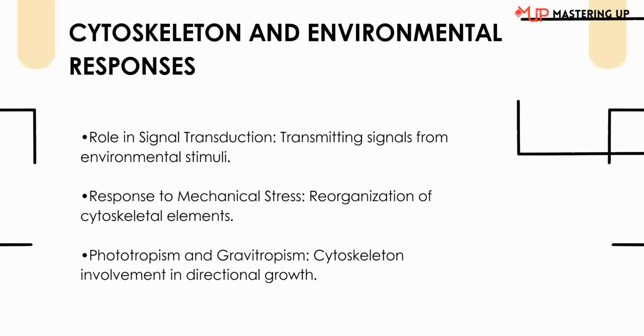In gravitropism, the cytoskeleton facilitates the movement of starch-filled organelles in root cells that settle in response to gravity. Their repositioning triggers cytoskeletal changes that direct auxin transport and result in roots growing downwards and shoots growing upwards.